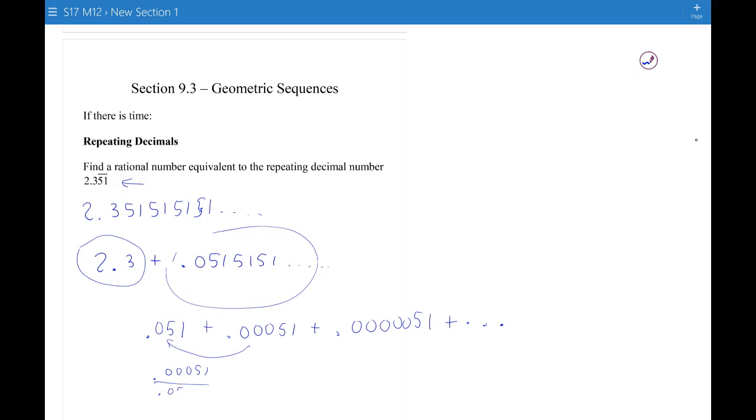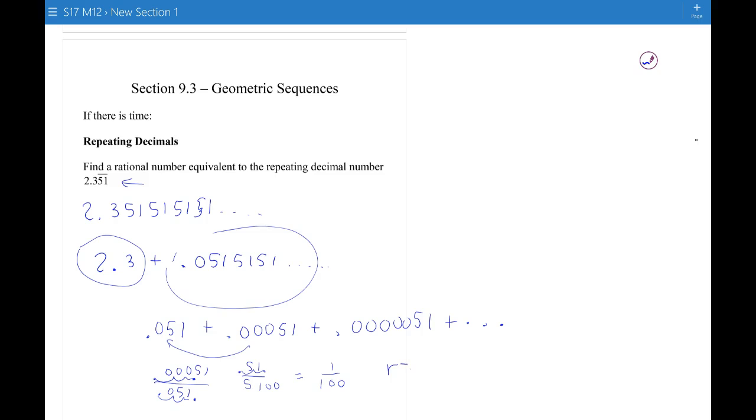And to get from one term to the next, if I do 0.00051 over 0.051, remember that you move the decimal place over. So I'd have 0.51 over 51, and move the decimal place over, which is 51 over 5100, which must be 1 over 100.